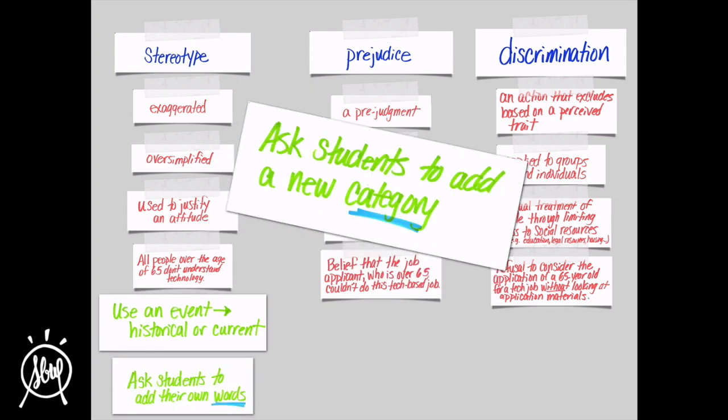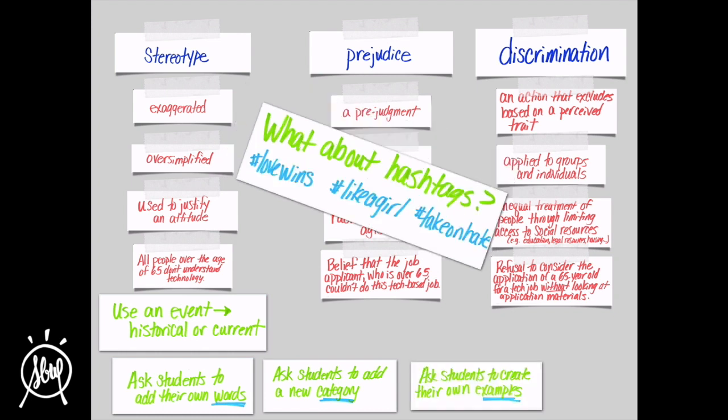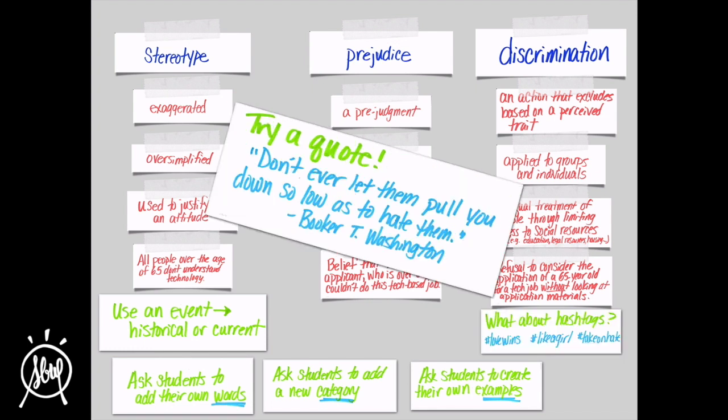You could ask students to add their own words, they could add their own category, they could create their own progressive examples. I even started to think about hashtags to get really contemporary. Ask them to start paying attention to the hashtags that are around them, and then figure out where they would go, perhaps in one of these three columns. And again, maybe it's going to go into a column that they create.